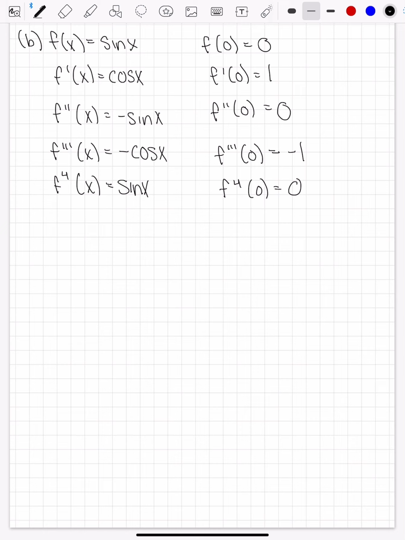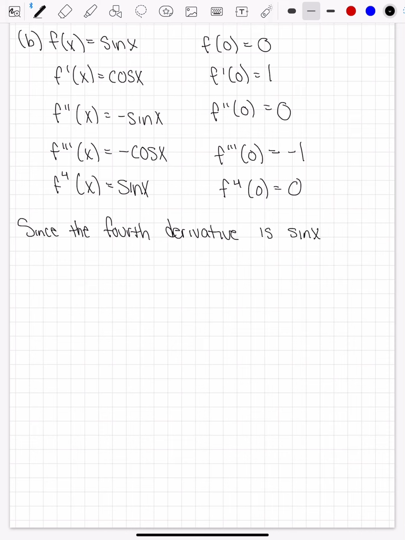Right, and notice, because we came back to sine, we know this pattern is always going to repeat, where the fourth derivative is sine. That's why I wanted to go up to the fourth derivative, and usually with trig functions you get a pattern like this.